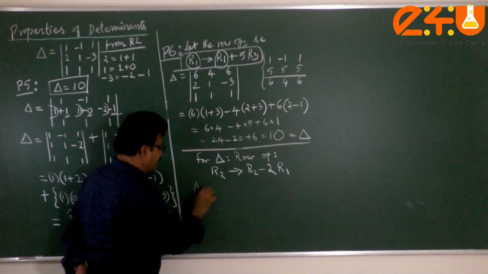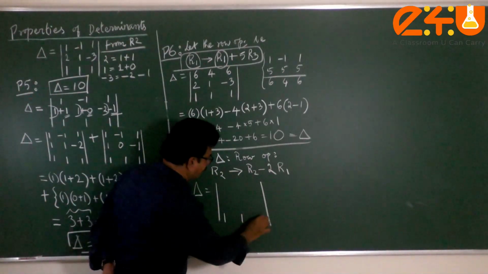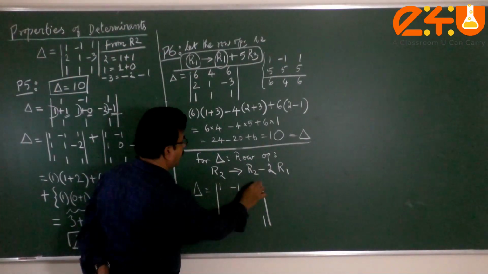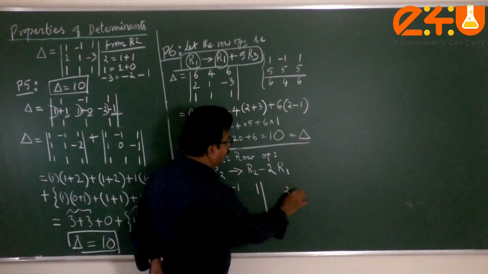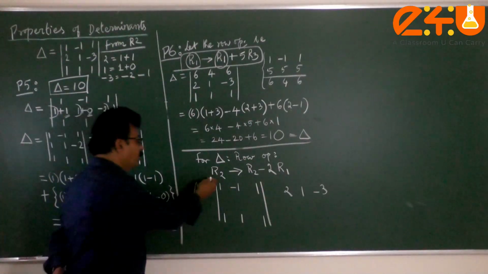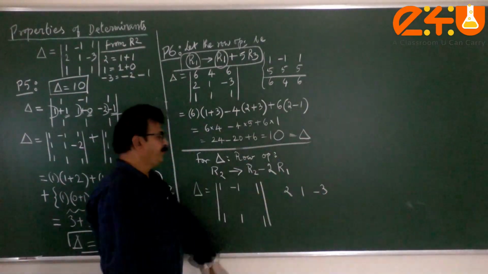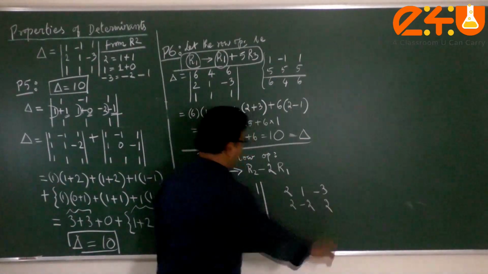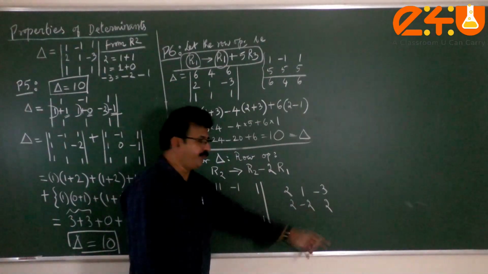So the delta becomes: first row is not disturbed, third row is not disturbed, first row is 1, minus 1 and 1. But the elements in row 2 are 2, 1, minus 3. Now, row 1 elements are multiplied by 2: every element multiplied by 2, 2 times 1, 2 times minus 1, 2 times 1.